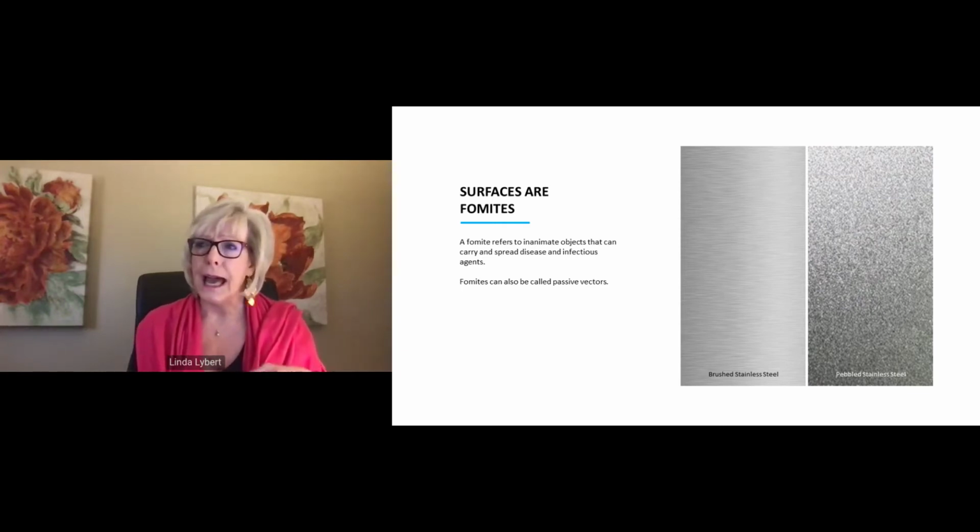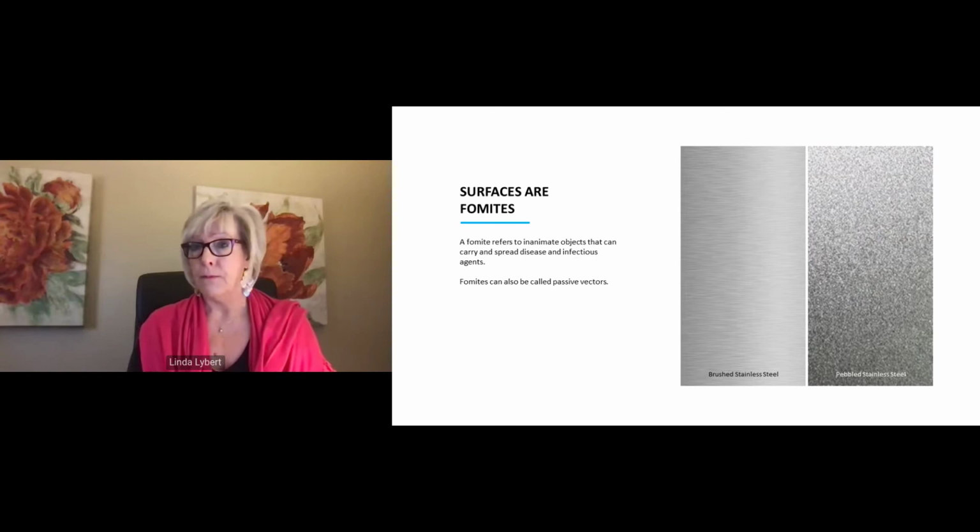And if you look at the manufacturer instructions for cleaning and disinfection, it's very clear in telling people that you need to clean and scrub in the direction of the grooves of the brushed material, because that's the only way you're going to be able to actually clean or disinfect microbes out of those areas. The same is true for the pebbled stainless steel, which you see on the right.